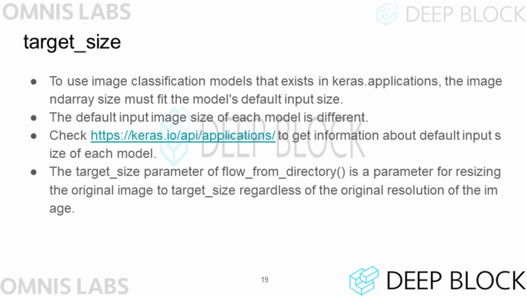For example, for MobileNet we will use today, the input size is 224 by 224. However, since the Caltech 101 images we have are all different from this resolution, we need to set a target size, convert the image size, and then put it into the model. You can also check the input size of other models on the Keras website.